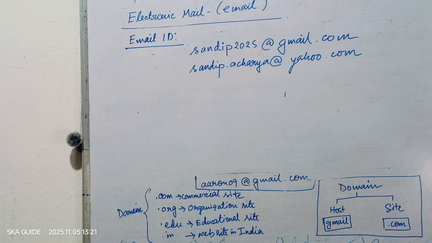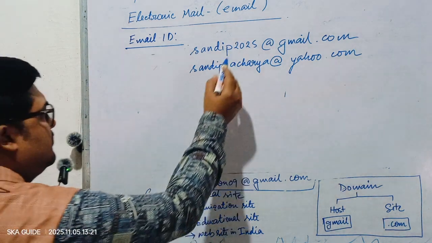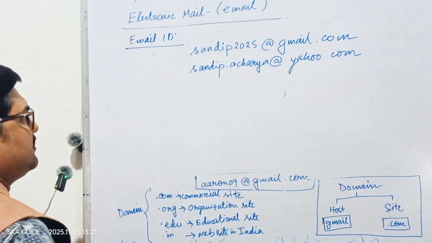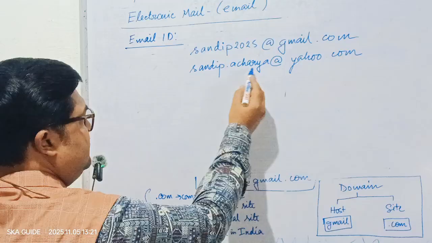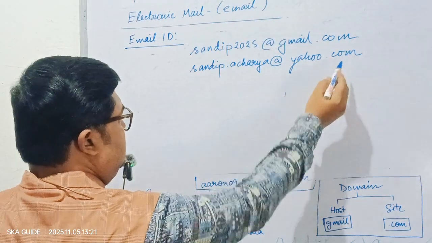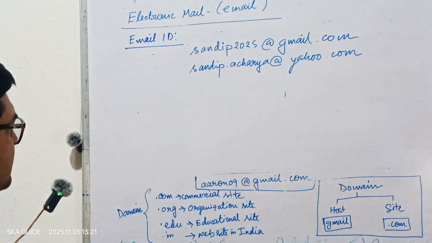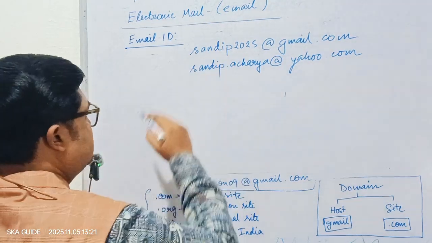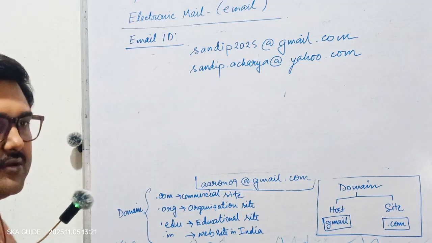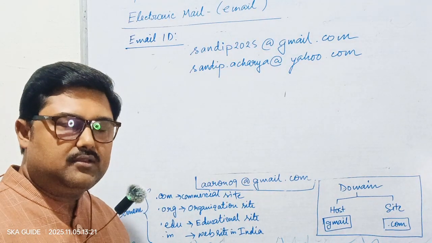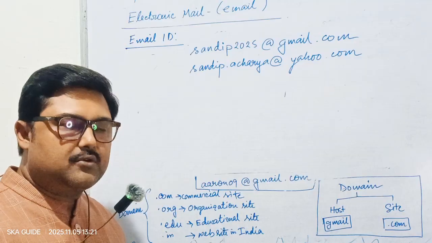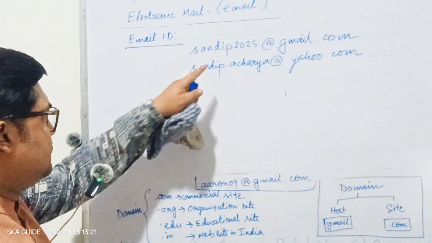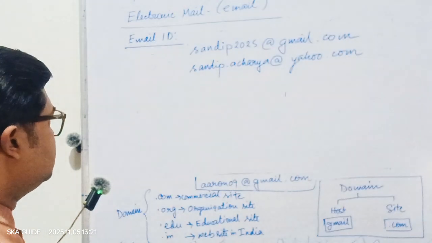Here you can see the email ID sandeep2025@gmail.com and sandeep.acharya@yahoo.com. In this email ID, we must use all letters in small case. No capital letter will be used while creating our email ID.